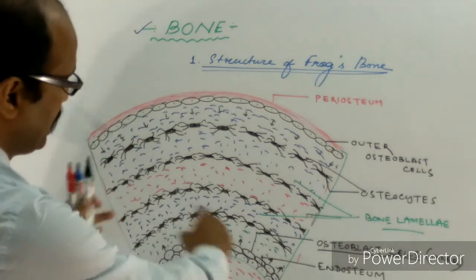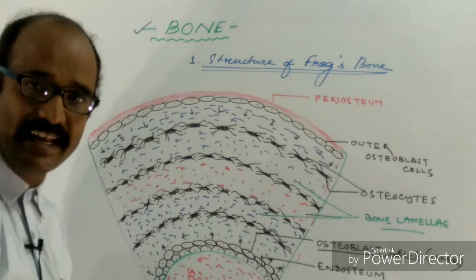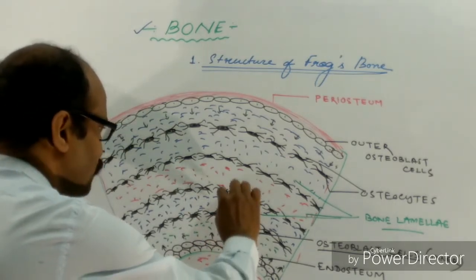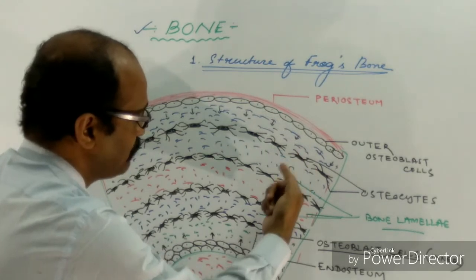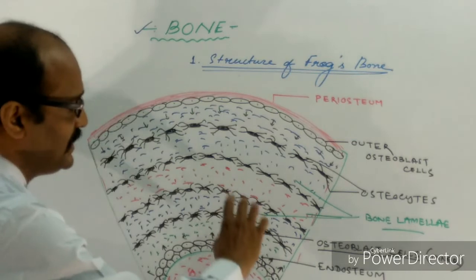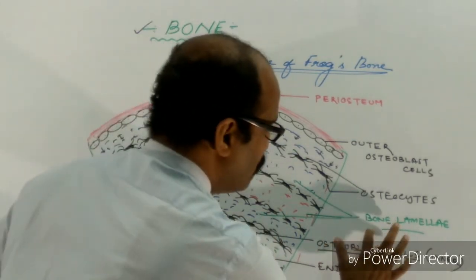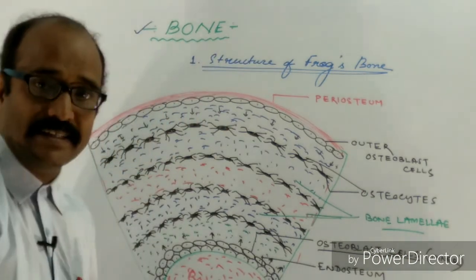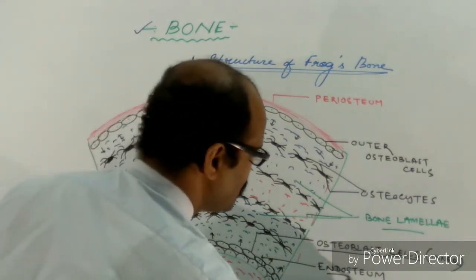So because of the arrangement of the concentric rings of osteocyte cells, the matrix of bone is divided into a number of plates. This is one plate, this is another plate, this is another plate, and this is another layer. That's why these plates or layers of the bone matrix are known as the bone lamellae. Singular is the lamella.